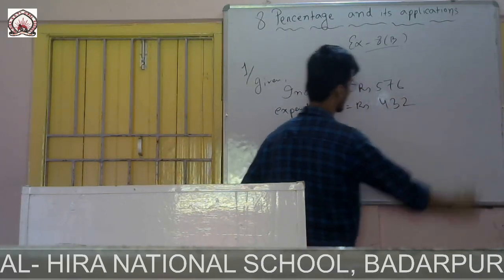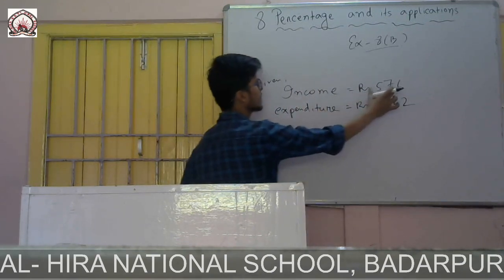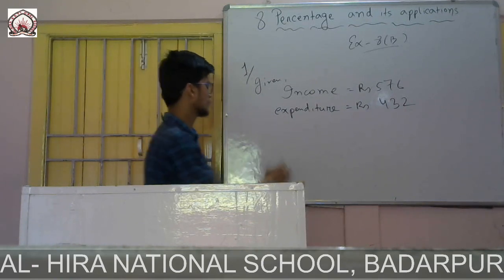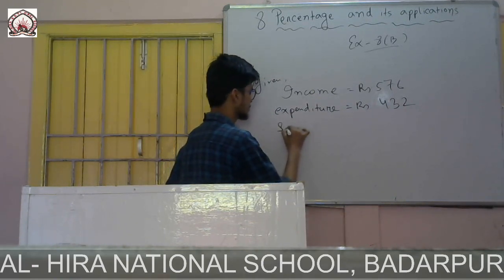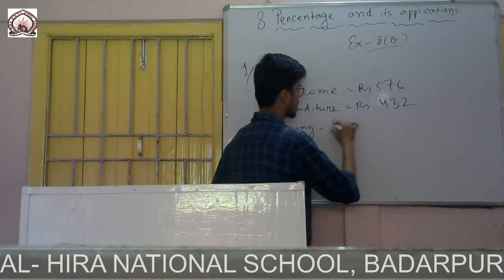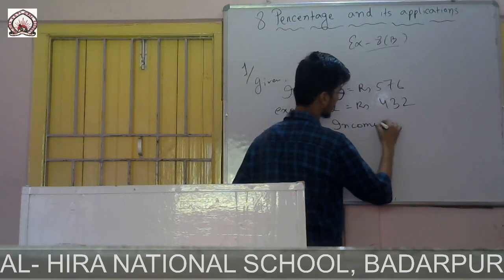This is the amount he earns every year, and this is the amount he spends. So first I have to find the saving. Saving will be equal to income minus expenditure.